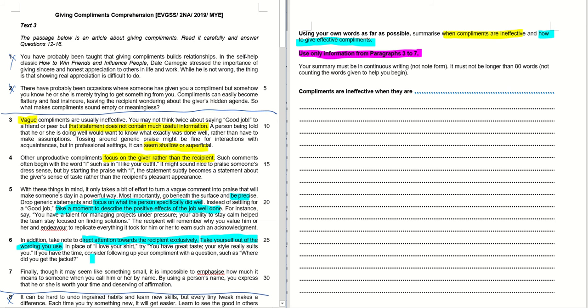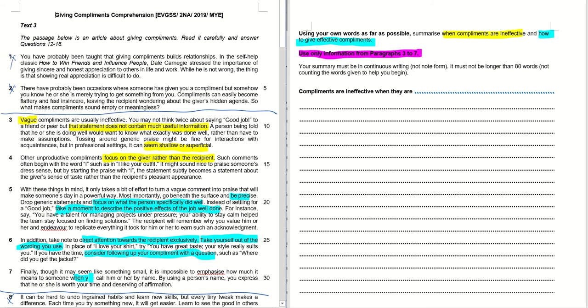If you have the time, consider following up your compliments with a question. So that is one way to give effective compliments, such as where did you get that jacket? Example, not going to select that. Finally, although it might seem something small, it's impossible to emphasize how much it means to someone when you call him or her by name.